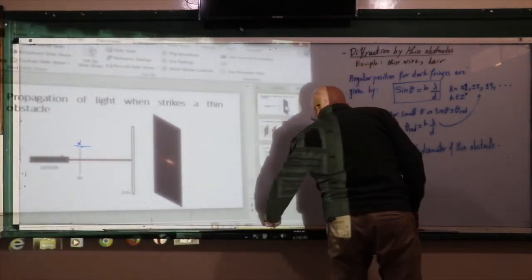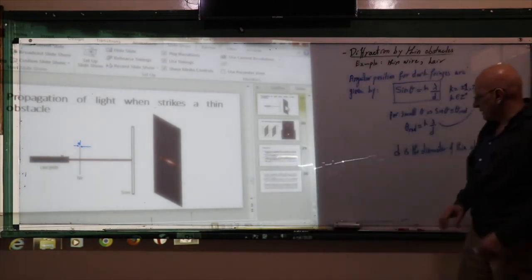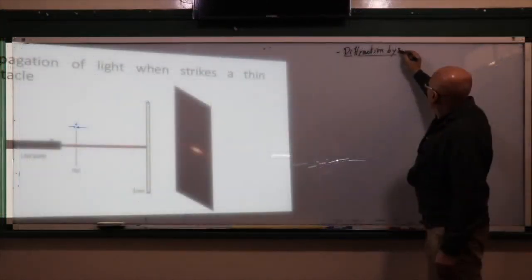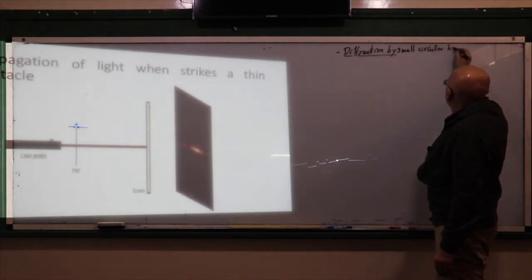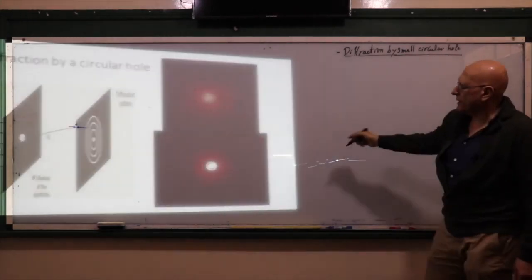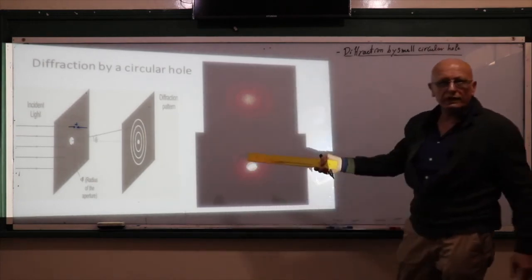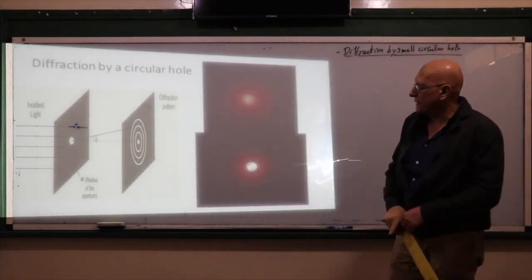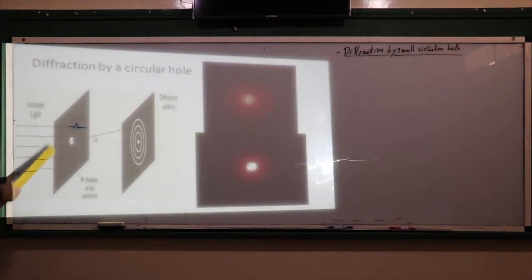Now, I am going to talk about diffraction by a small circular hole. This is the diffraction by a small circular hole, and we talked about it previously. Because the hole is small, it is of the order of 1 millimeter and less.